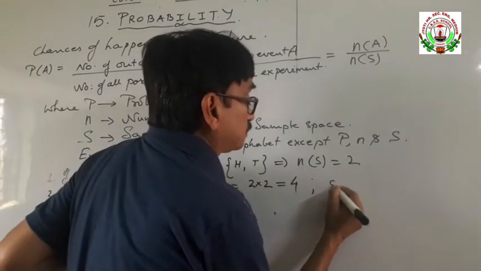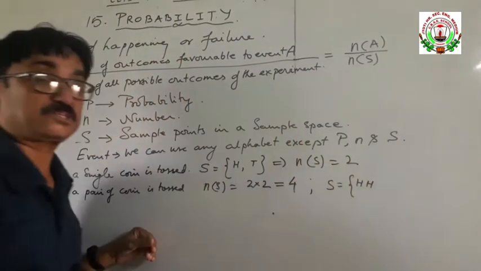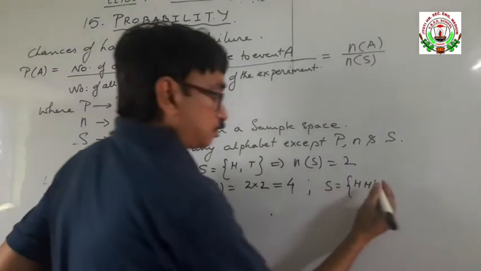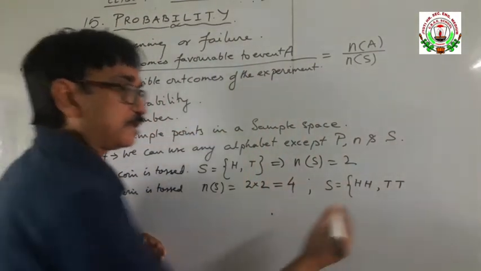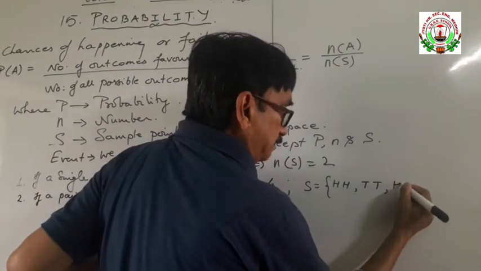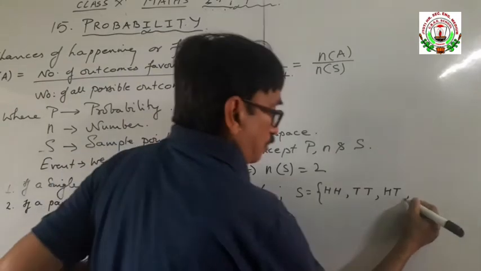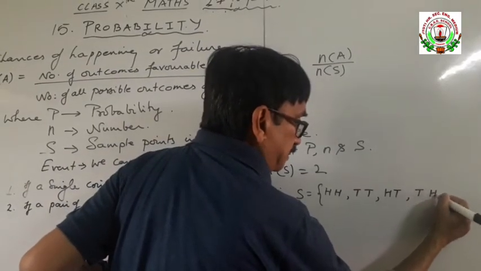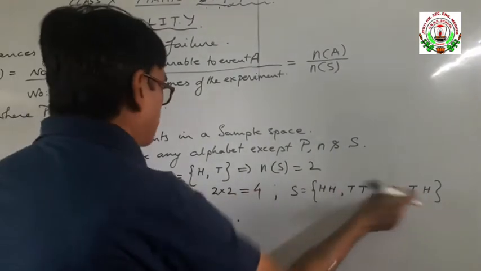I can show you here: first column will be H, head, and the second coin also coming head; both the coins coming tail; first coin head, second coin tail; or first coin tail, second coin head. So there will be 4 such sample points.